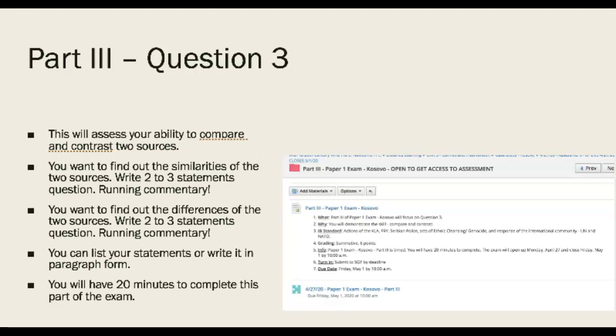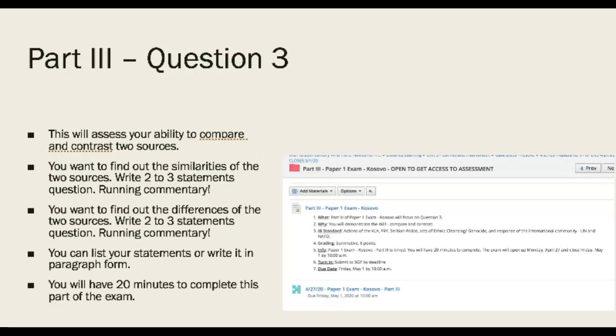And it's a running commentary, so source A is similar to source B. That's what I mean by running commentary. And you want to find out the differences of the 2 sources and write 2 to 3 statements and make it a running commentary as well. In source B, they mention this, however, in source C, they don't, and get that running commentary going. You can list your statements as well.